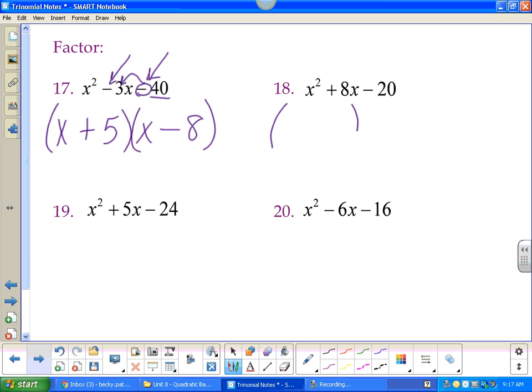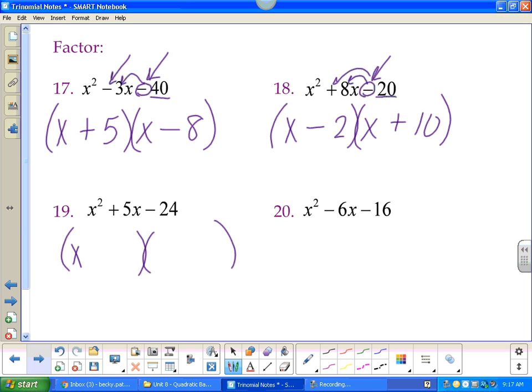Factors of 20 that subtract to give me an 8. That's going to be 2 and 10. Signs are different. Bigger number gets the positive. On the factors of 24, subtract to give you 5.